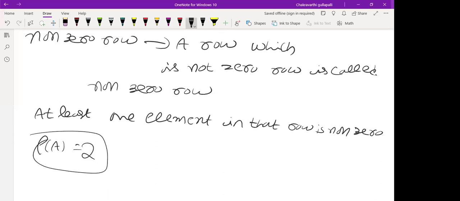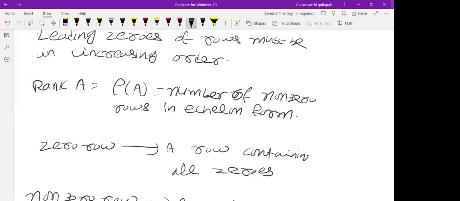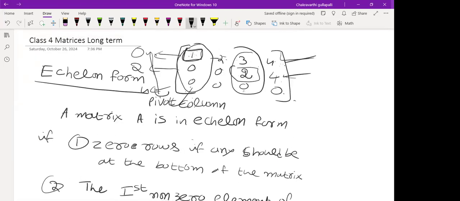Explain, ma'am, at least one element in that row, with an example. Yes. In this example, zero row means everything zero. In this row, is everything zero? No. In this row, are all zero or not? All are not zero. If all are not zero, then it is a non-zero row. Here everything is zero, so it is a zero row. Here not all zero, so it is a non-zero row. Here also not all zero, a non-zero row.